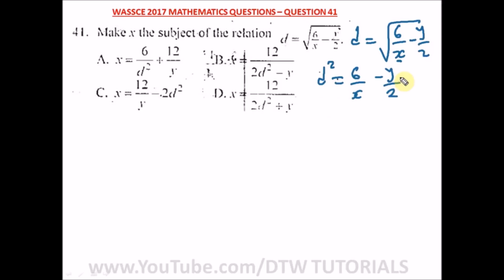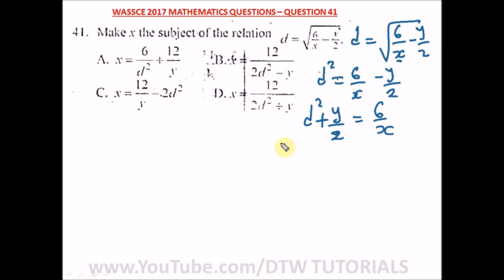From here, all we need to do is take the minus y over 2 to this side. When we do that, we have d squared plus y over 2 equal to 6 over x. We're trying to make x the subject of formula, so I'm making it stand alone.